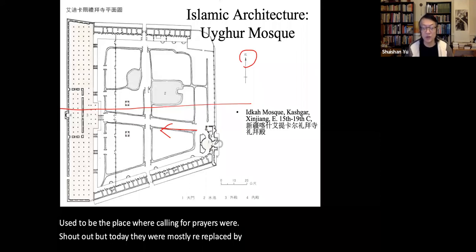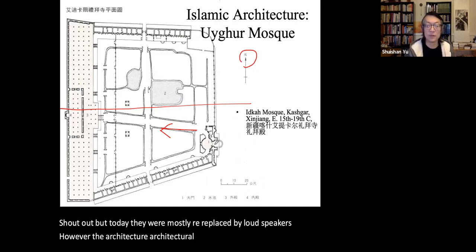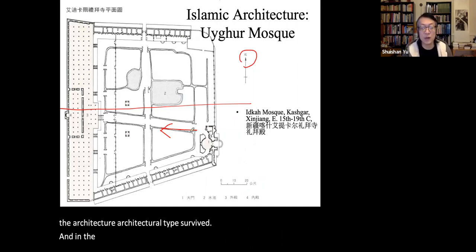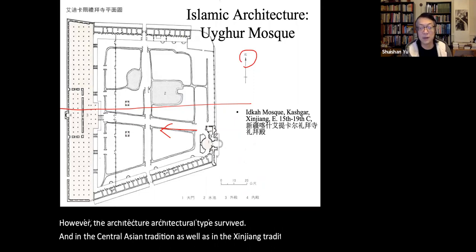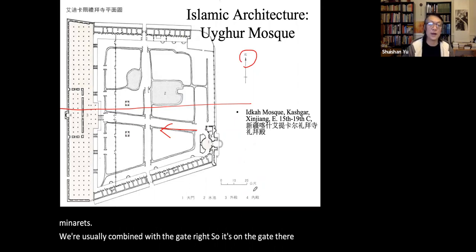However, the architectural type survived, and in the Central Asian tradition, as well as in the Xinjiang tradition, minarets were usually combined with the gate, right? So on the gate, there are minarets.